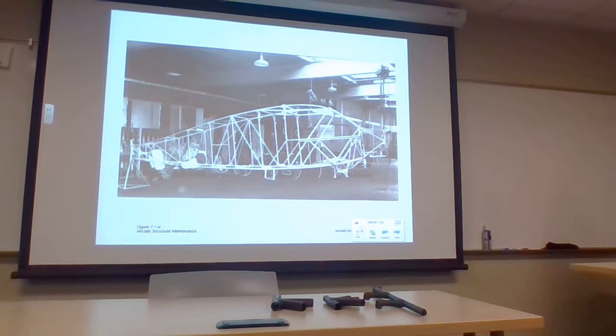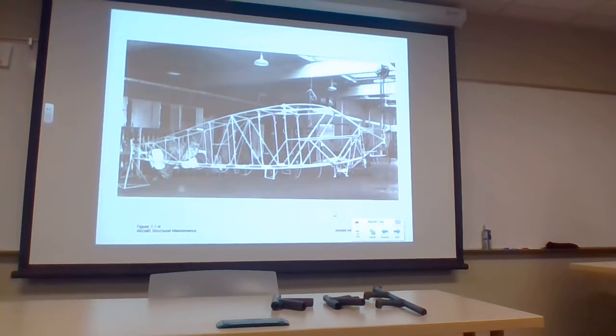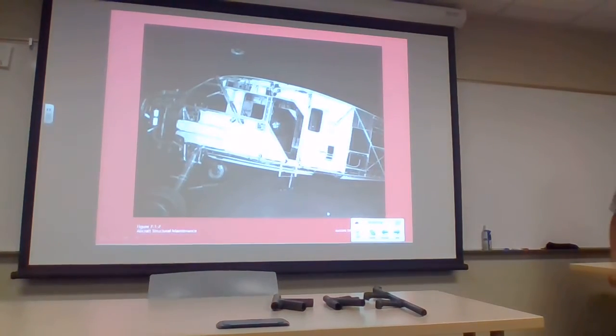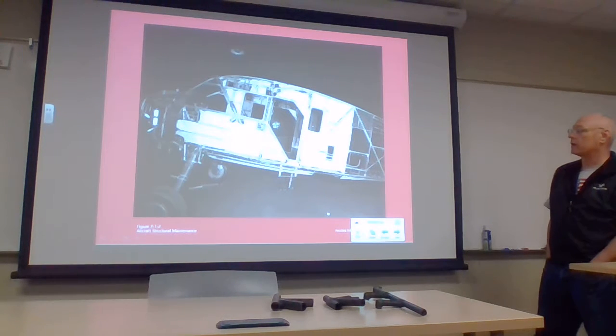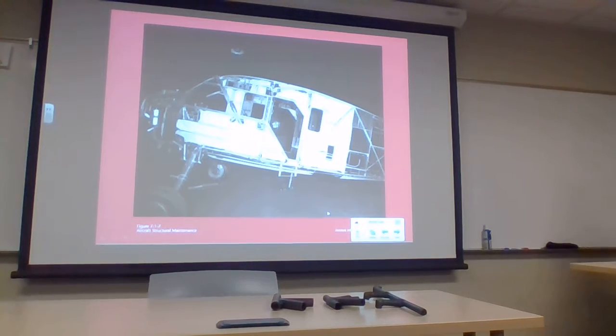If you look at maybe something like this, I see some of the Pratt characteristics in it, but I see some of the tubing kind of forming isosceles triangles, so maybe a portion of the fuselage might be Warren in its construction. But again, that's kind of what we're looking at inside of the aircraft with the skin removed.